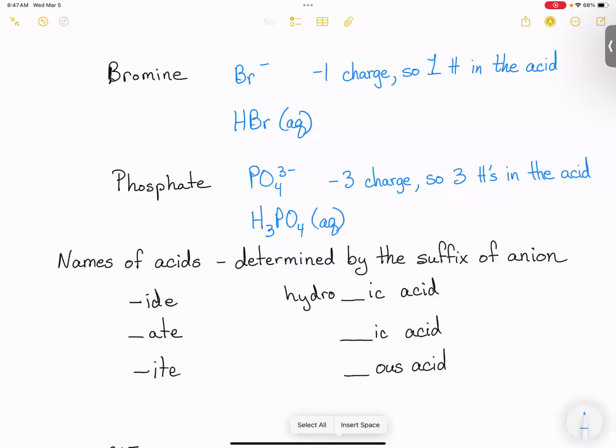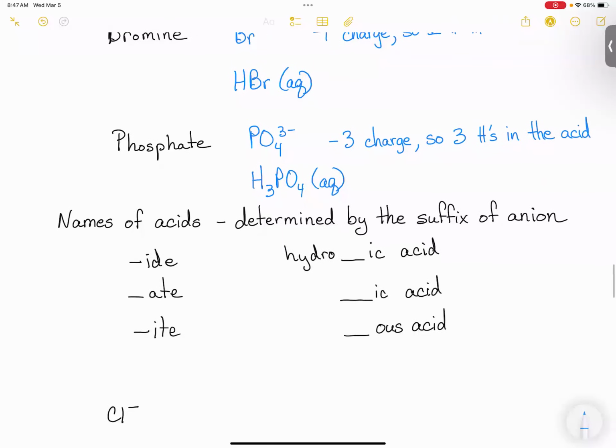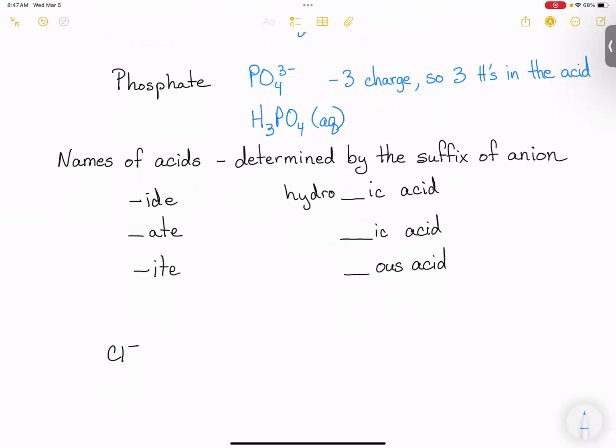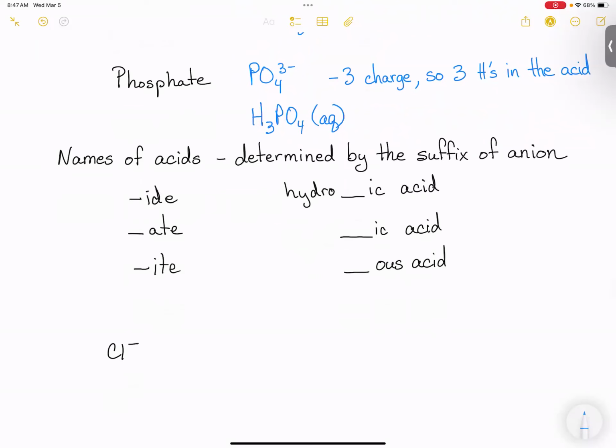So let's look at this one. HCl, Cl has a -1 charge. The acid would be HCl. It has 1 hydrogen because the anion has a -1 charge.